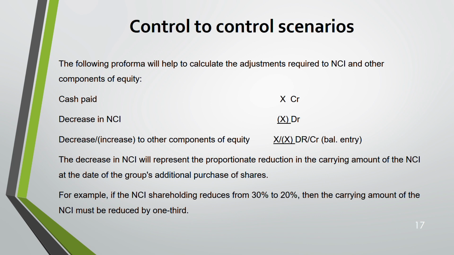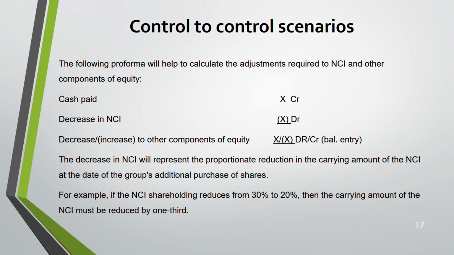Why 1/3? The difference between 30 and 20 is 10%. 10 over 30, 10 over the previous percentage. So always it is the difference between the old and new NCI divided by the old NCI. This is how you find the fraction.